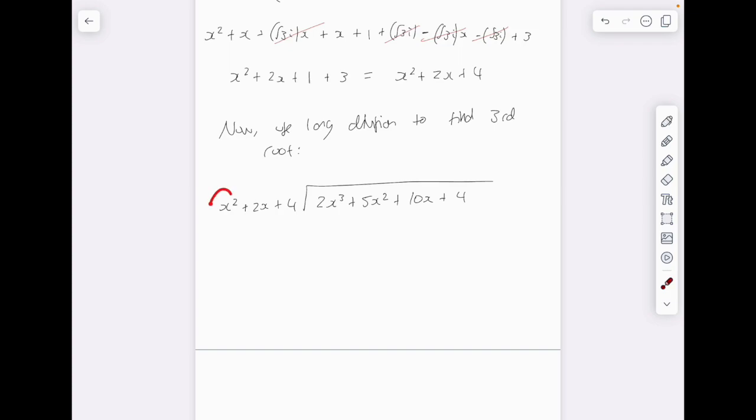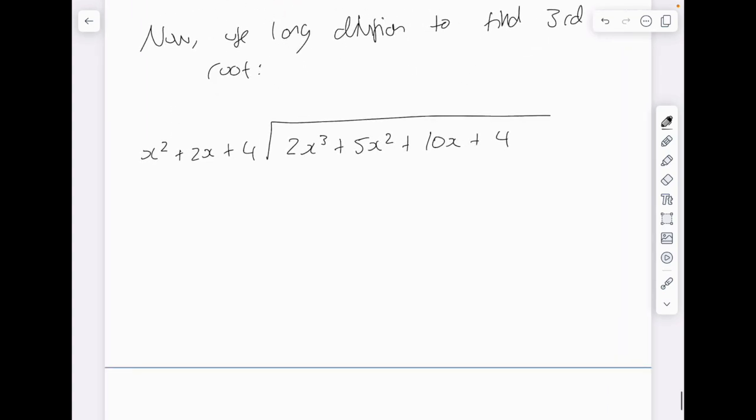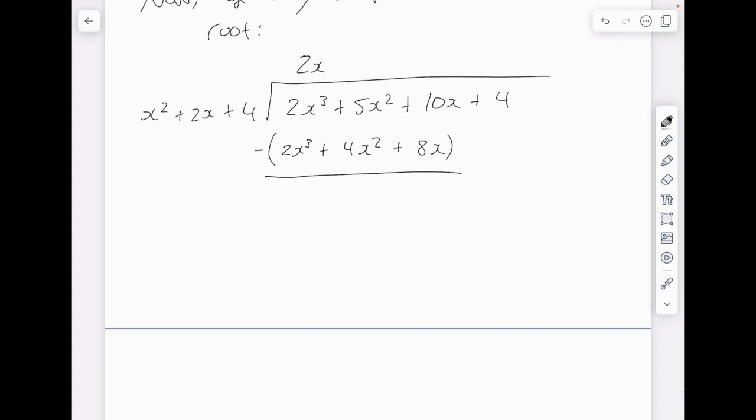Okay, cool. So now we just use our long division. x squared going into 2x cubed, that's going to equal 2x. Okay, so take this, multiply it back in: 2x cubed plus 4x squared. 5 minus 4 is going to equal x squared, 10 minus 8 is 2x.